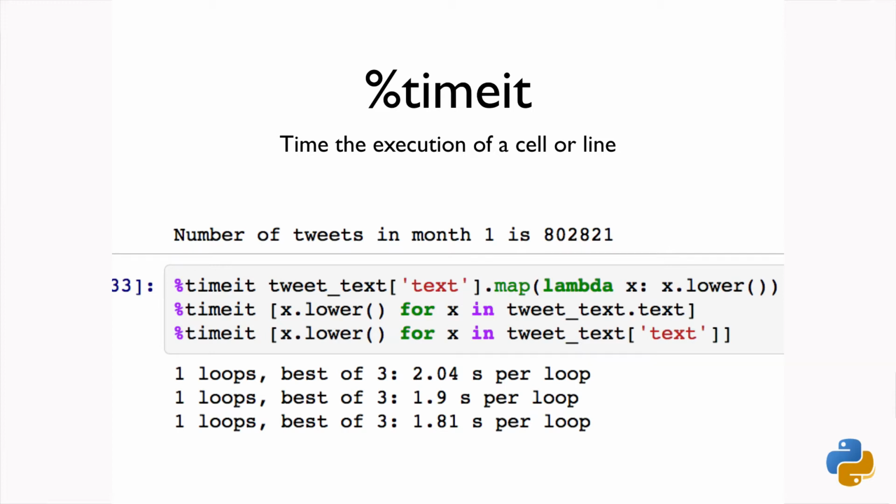And even with the list comprehension, I thought maybe there's a difference between the couple different pandas ways of actually referring to the particular column, because I'm finding sometimes there can be quite surprising differences depending what the underlying code's doing. I was also pleasantly surprised on this that it's run through 800,000 records and lowercased them all in each case. So it also shows the other good thing about Pandas and IPython Notebook is that it can be incredibly fast for things that, if you did them in different ways, could be a lot slower.